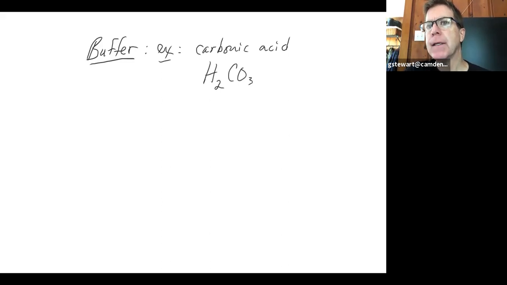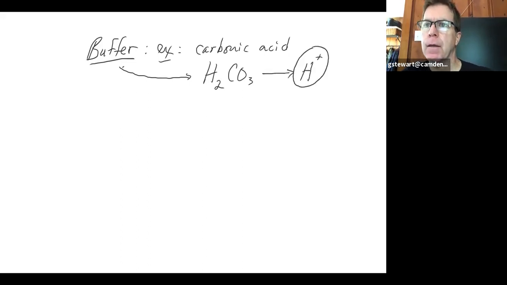This weak acid is considered a buffer because it can break apart and give off free hydrogen ions to make an environment more acidic. It can also produce this bicarbonate ion, which will accept free hydrogen ions.